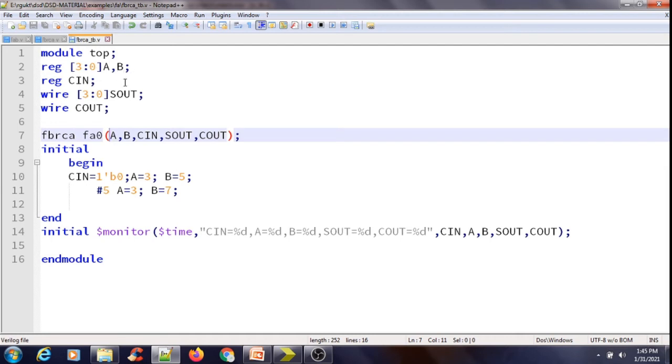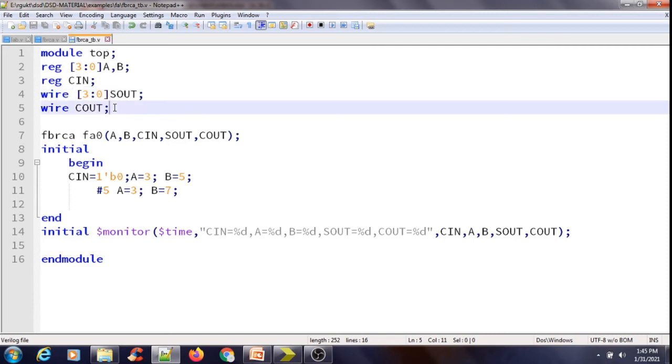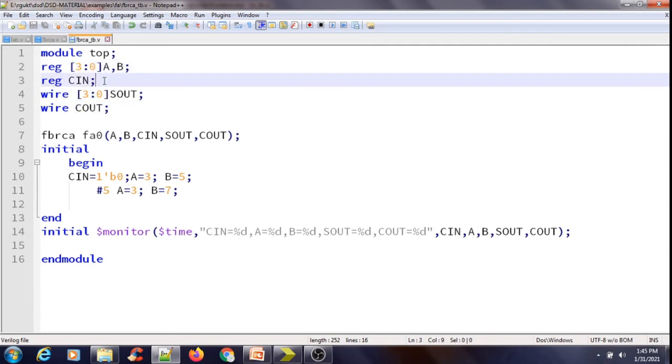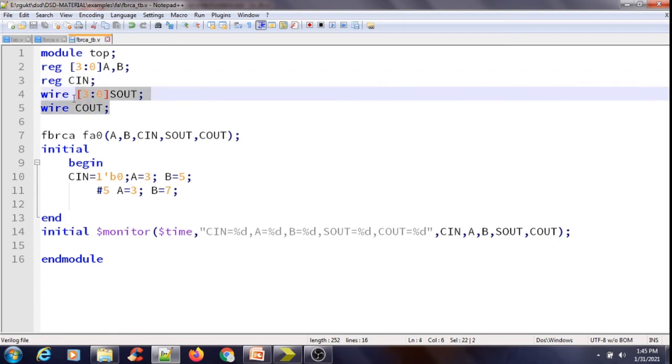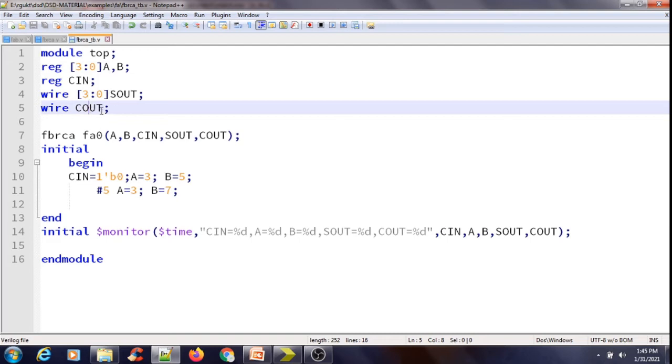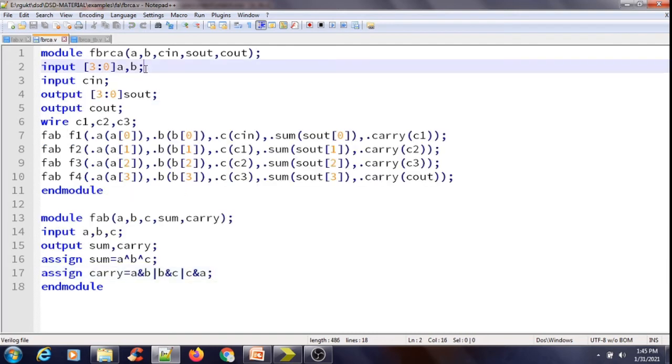These signals are passed through the ports of your 4-bit ripple carry adder, and it will observe the output that your 4-bit ripple carry adder generates through the S out as well as C out signals. So these are the input signals that are driven into the module, and these two are the output signals that are collected from the output ports of your 4-bit ripple carry adder. This is S out and this is C out. These are all capitals, and these are all small letters, okay.